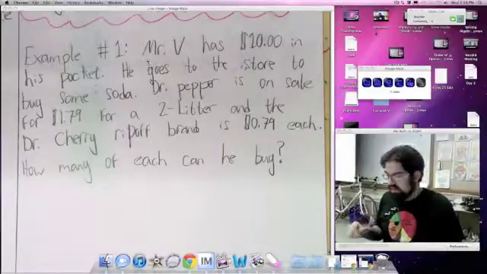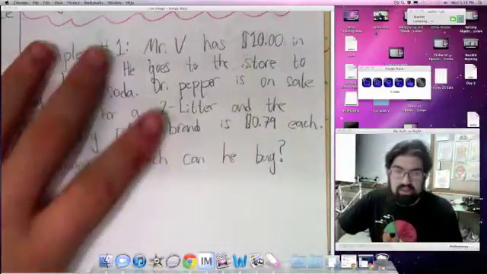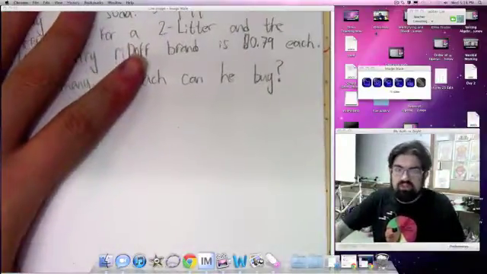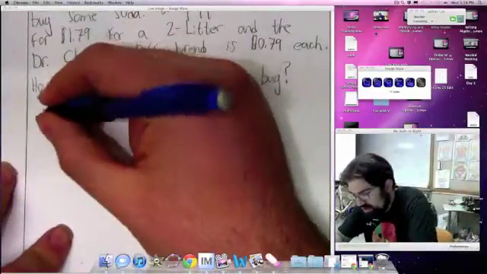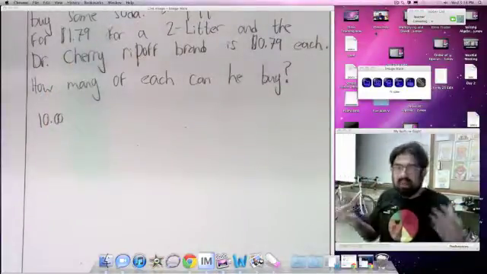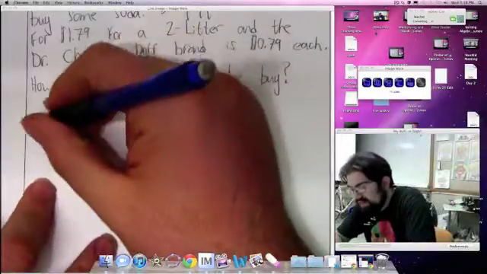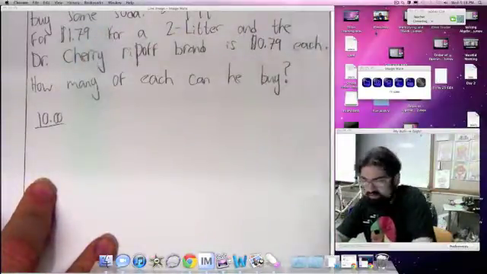Here we go. Let's see. Think about how you would do this. Well, taking what we have, if I have $10, I'm going to divide the $10, and I'm going to put 2 decimals on it because it's money, right? Money has 2 decimals, and I'm going to divide by, well, let's look at the Dr. Pepper first.